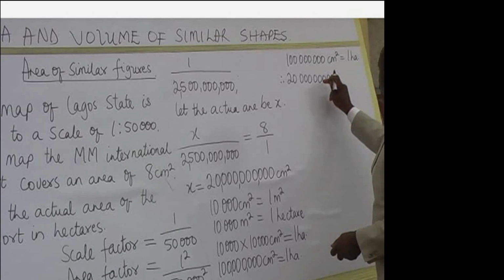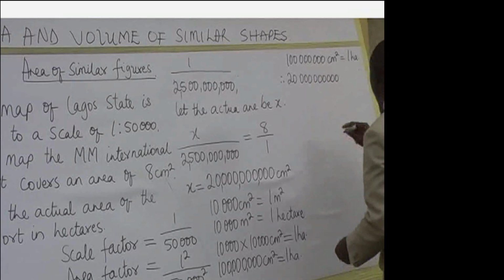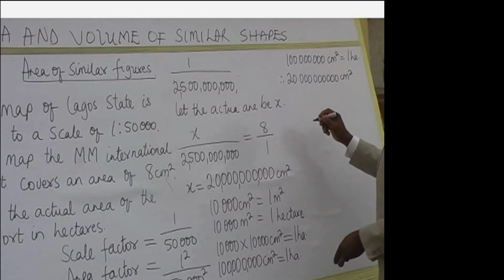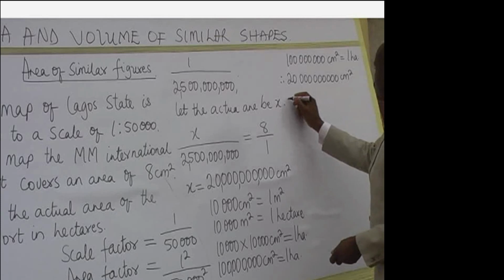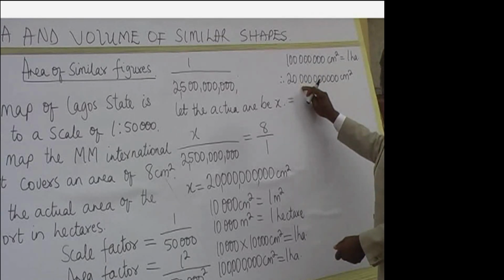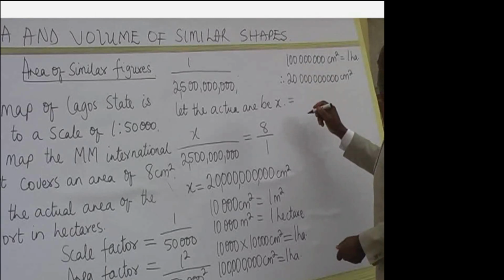So 20 billion centimeters squared is going to be equal to 20 billion divided by 100 million.